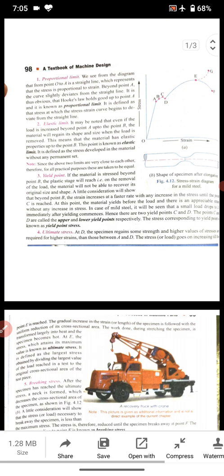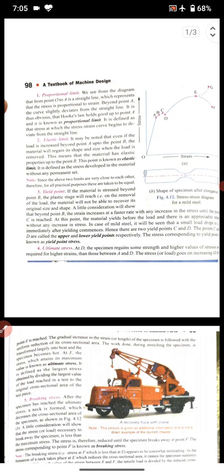Then between A and D, the stress goes on increasing till point E is reached. Means the material has sufficient strength, and the stress value goes on increasing till the material comes to point E, that is ultimate stress value.